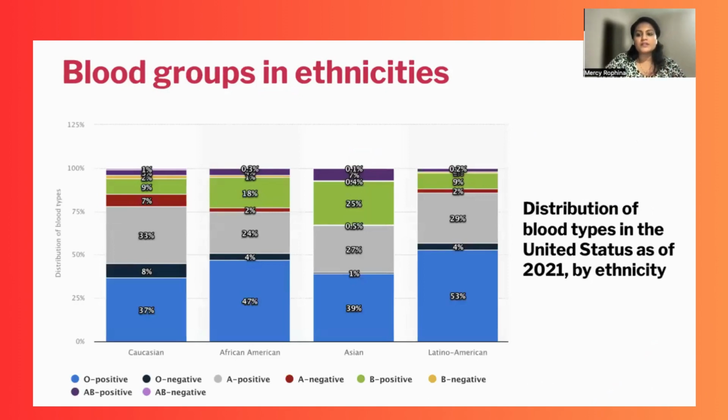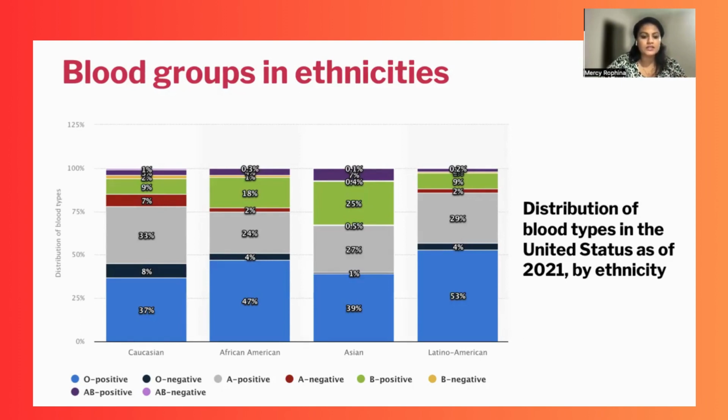If we take the distribution of blood types in the United States by ethnicity, with the statistics provided in the year 2021, we could see this particular pattern. If we consider the example of the B positive blood group, this blood type is seen in a higher percentage in the Asian population when we compare it with other populations like the Caucasians, the African Americans, or the Latino Americans.